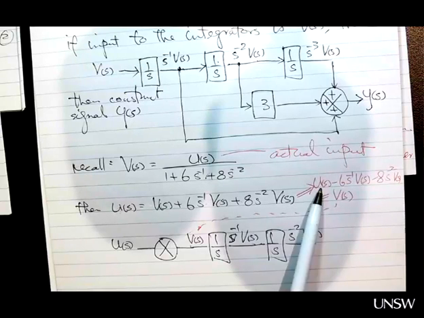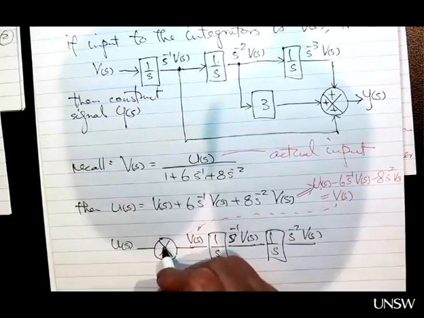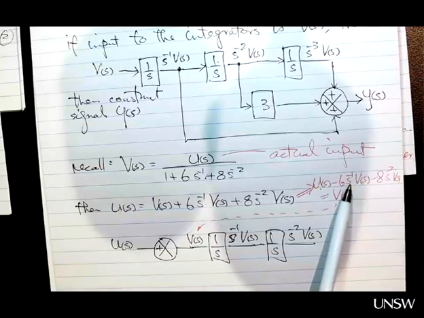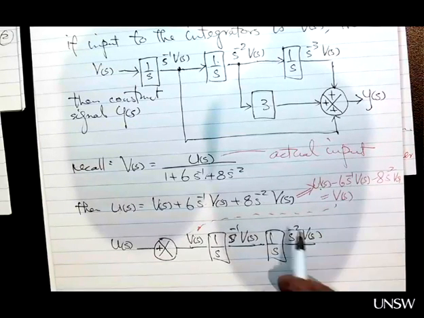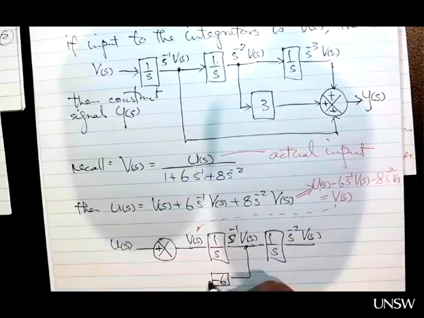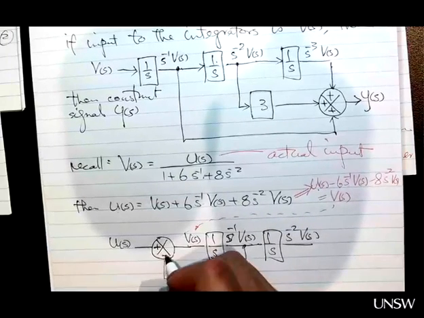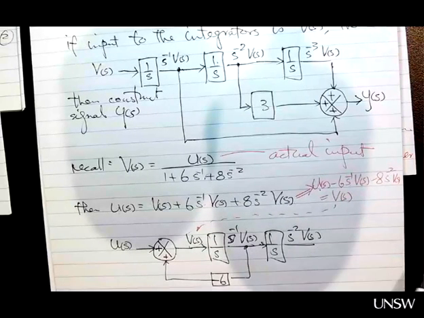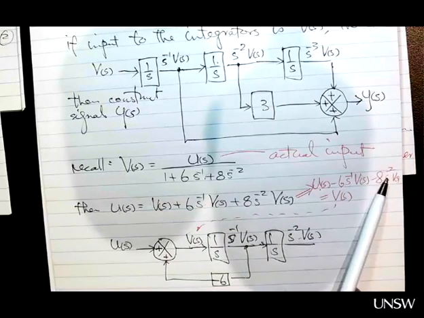So we have the U(s) addition. And then we have the minus 6 from the s to the power minus 1. So we have a minus 6 here. Add together. And then for this term, s^-2, it is this term.